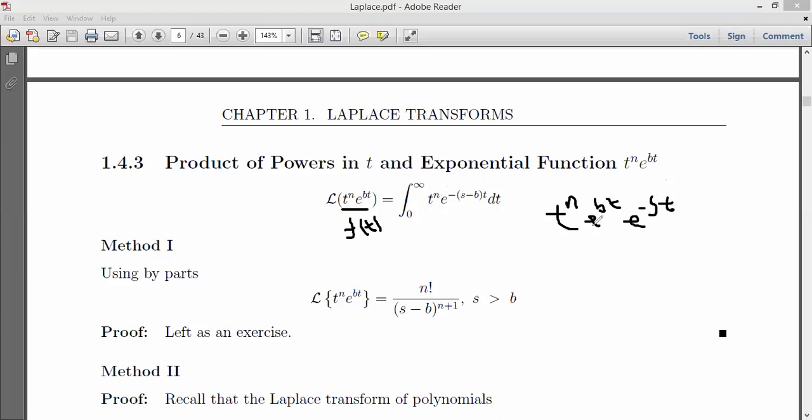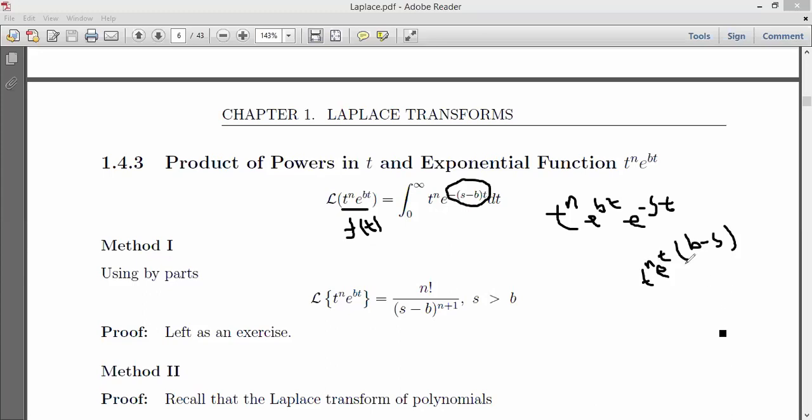Okay, so you have this, and basically this is what you're dealing with. Now the bases are the same, you deal with the powers. That's why you have that part there. This one comes from that. You can take the t out as common, then you have s minus b with a negative out. We are trying to regularize this because this would simply be e to the t times b minus s, and of course there is a t to the n here.